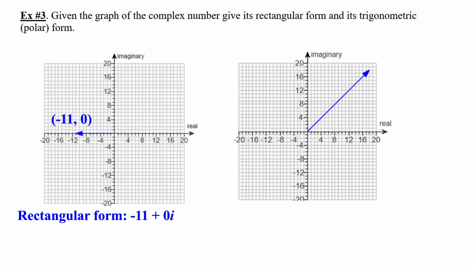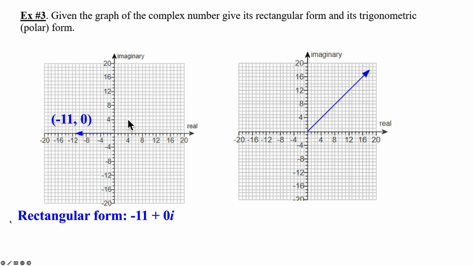Okay, again, remember those directions that if it says they want it written in a plus bi form, if one part of that is 0, you got to put a 0i in there. Now, trig form, okay, well, wait a minute. What's my r? It's not a negative 11. The distance of this vector is positive. It's an 11.